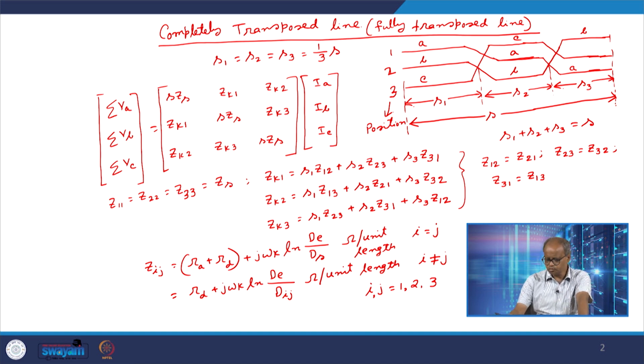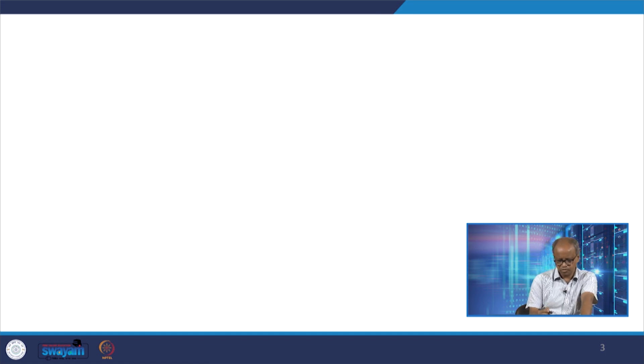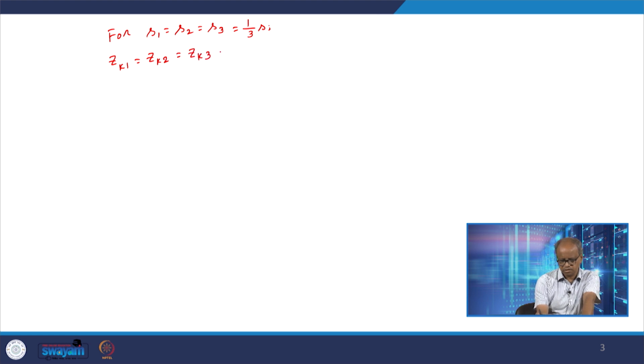So then therefore, if I use these relations, I can say that now for S1 is equal to S2 is equal to S3 is equal to 1 by 3 S, I can say that Zk1 is equal to Zk2 is equal to Zk3 is equal to S by 3 (Z12 plus Z23 plus Z31).